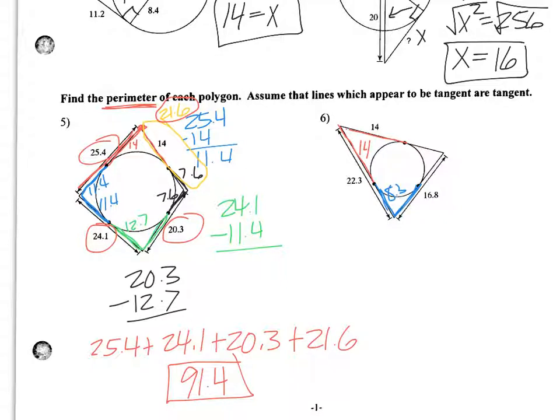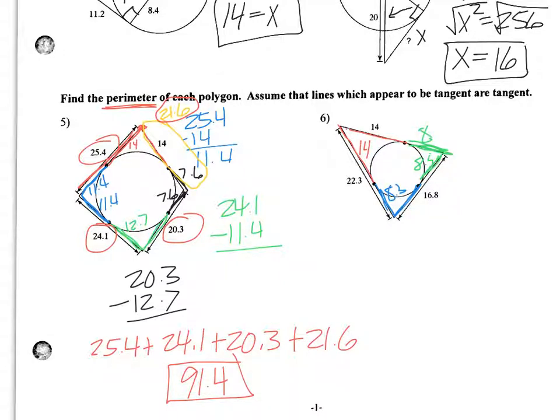Okay, so I do 16.8 minus 8.3, and that gives me 8.5, which means this is 8.5, which means this right here is also 8.5.